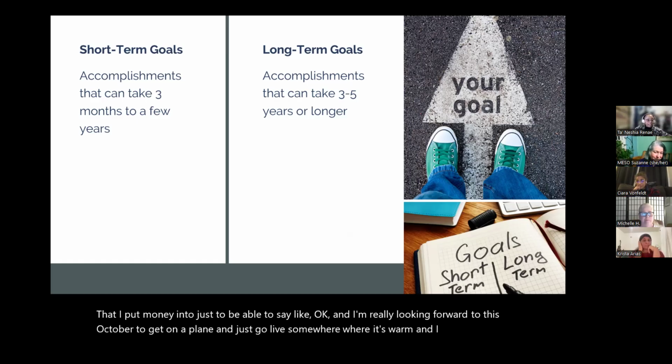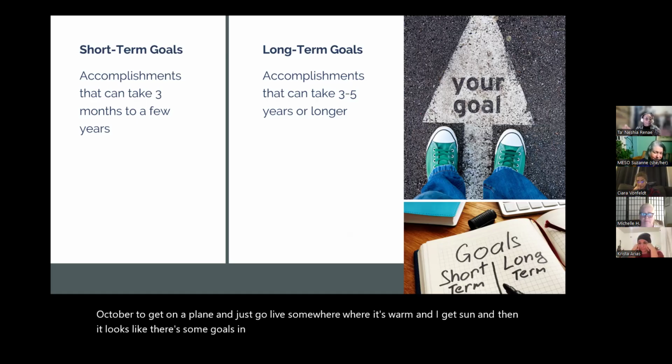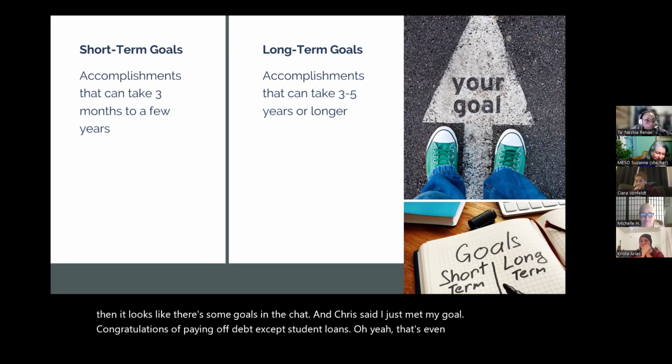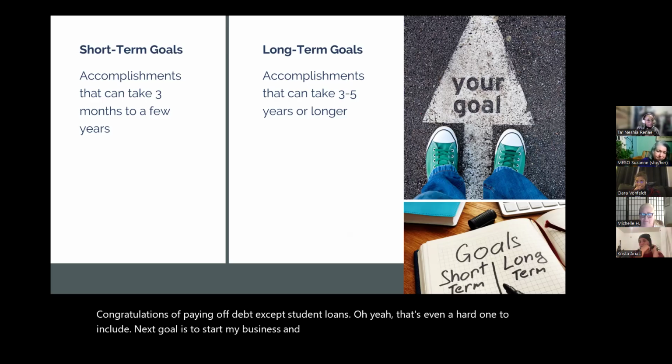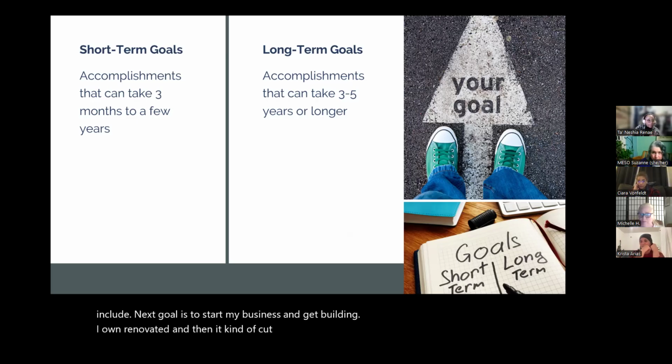And then it looks like there's some goals in the chat, and Krista said, I just met my goal. Congratulations on paying off debt, except student loans. Oh yeah, that's a hard one to include. Next goal is to start my business and get building, I own renovated, and then it kind of cut out there. And then Kivante says, my goal is to fire my boss and become, yes, I love that for you.